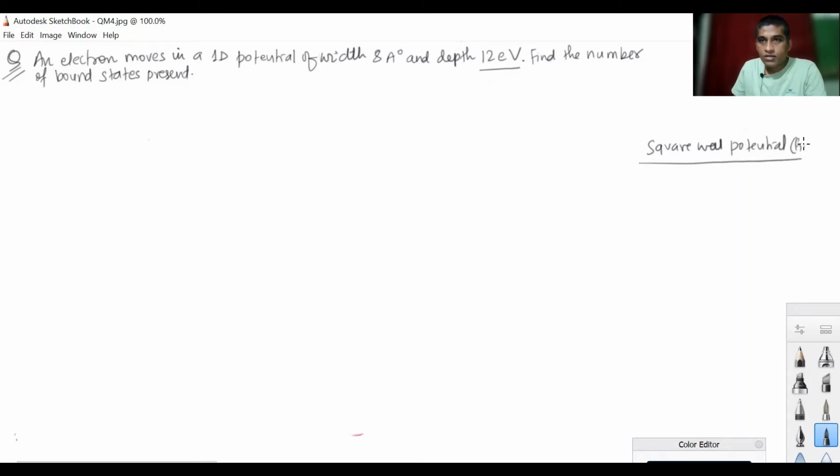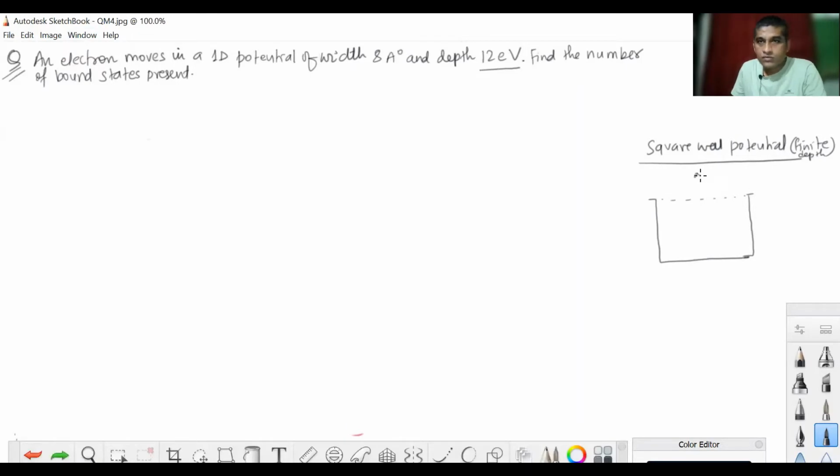So the condition is finite depth, so I'm writing over here finite depth. This is V(x). Now this height is V naught, the depth of the potential, and this is 12 electron volt.